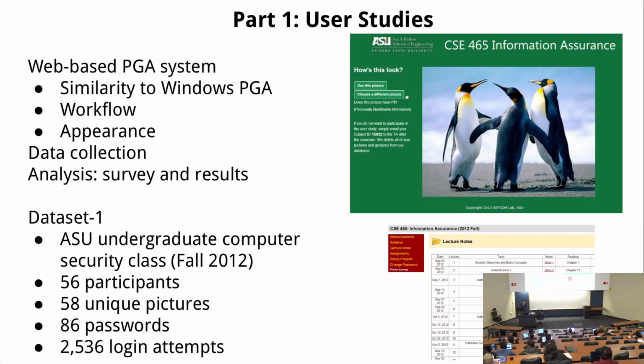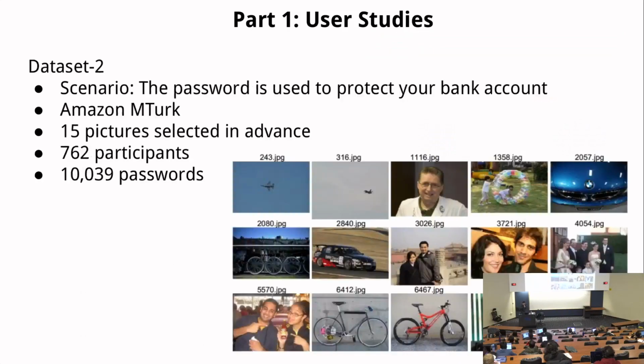That semester, we had 56 students, and they only chose 58 unique pictures because they are not really into my study. They just want to get into the website and find the homework, syllabus, whatever, right? We collected 86 passwords and more than 2,500 logins and tried to understand their behaviors.